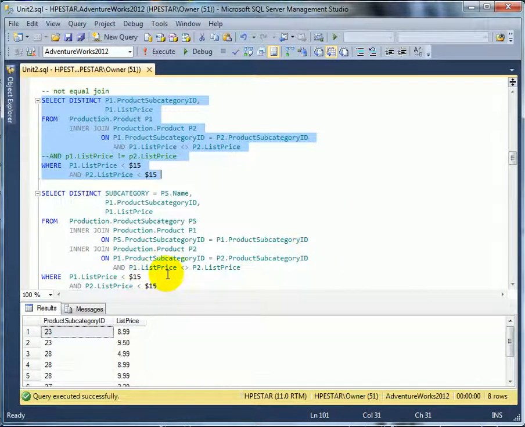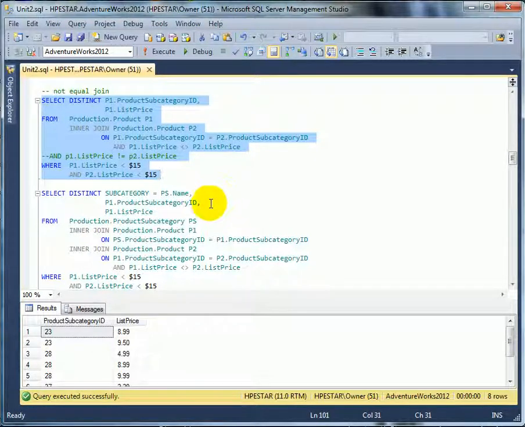In this instance, we have a product subcategory ID selected and the list price. So list price in P1 is less than 15, and the same in P2. P1 and P2 are aliases in this case, pointing to the same table, so this is a self-join.